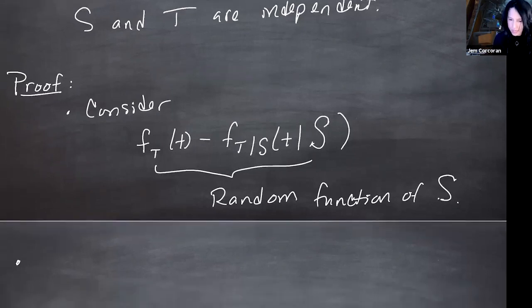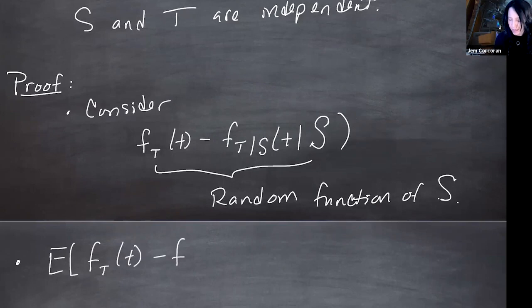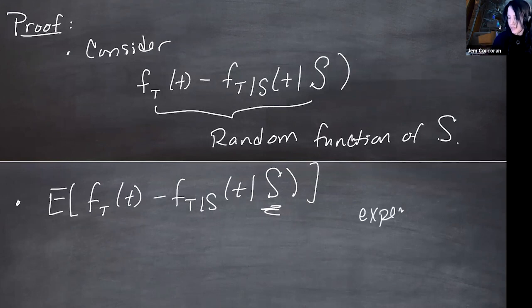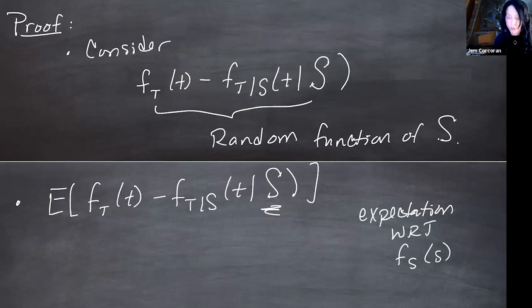Okay, so next I want to look at the expected value here. If I take the expected value of this function, there's only one random thing here, and that's this S over here. So the expected value is going to be with respect to S and the PDF for S. So this is an expectation with respect to the PDF for S, because that's the only random thing.